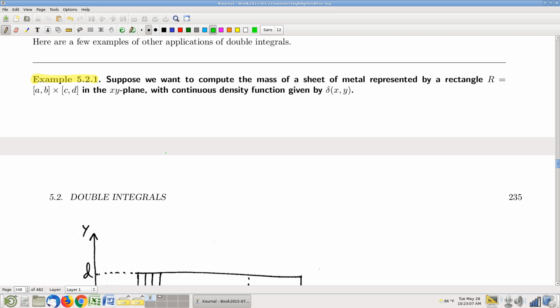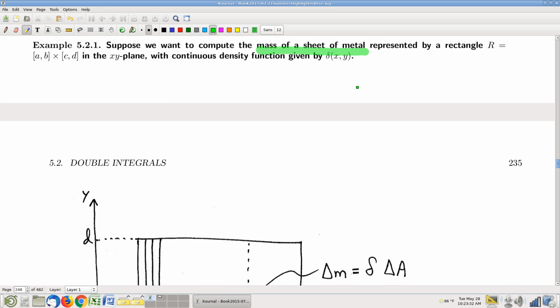Let's consider the following application. Let's suppose we are looking at a sheet of metal. This is a two-dimensional version of the mass of a rod example that we all saw in Calc 1 classes. Instead of a one-dimensional non-constant density, here we have a two-dimensional sheet where the density is not constant.